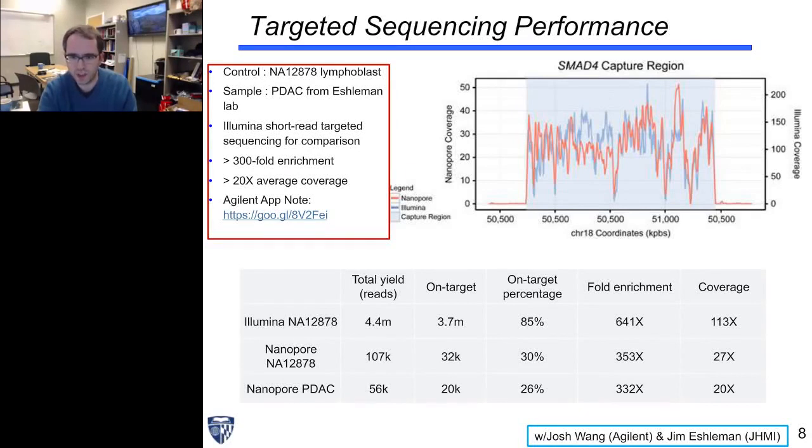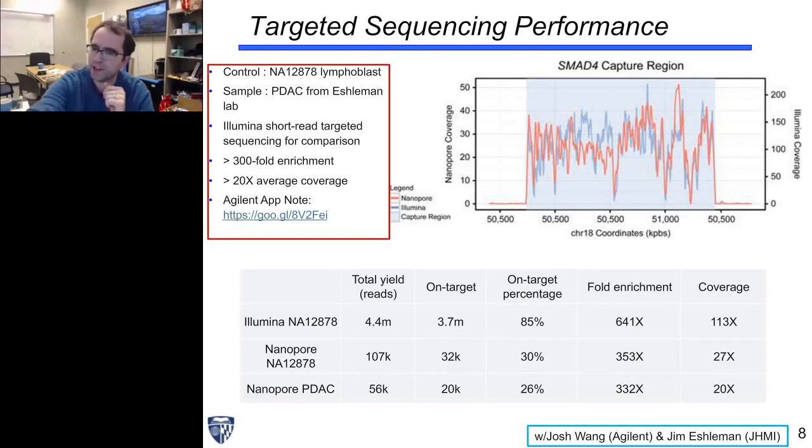Here, I'm showing you a control, NA12878, which is a lymphoblast cell line, which has been highly characterized. It's one of these DNA samples that everybody likes to run their techniques on the first time, because we know almost everything about it. It's been sequenced by every technology you can imagine. We tried it with both Illumina sequencing and with Nanopore sequencing, and what's pictured in the top right is an image showing you the coverage, the number of reads we had per base that mapped to these regions.